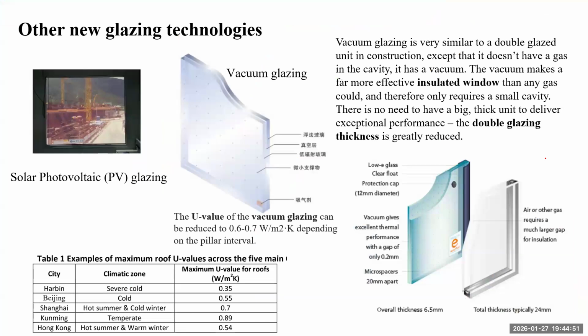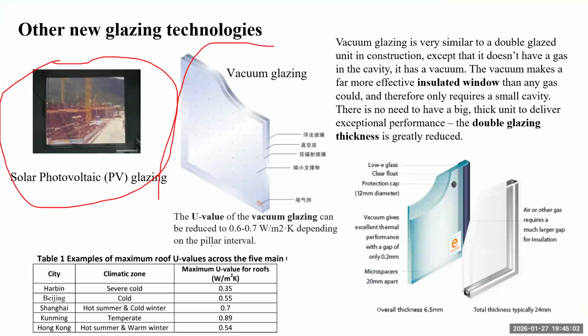There are other new glazing technologies, including solar PV glazing, which I think is also a hot research topic. And in our department, Professor Yang is also working on vacuum glazing technology, which is simple to understand.